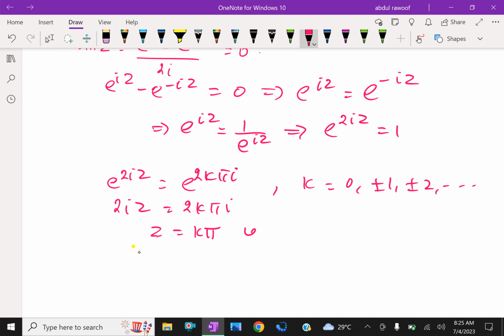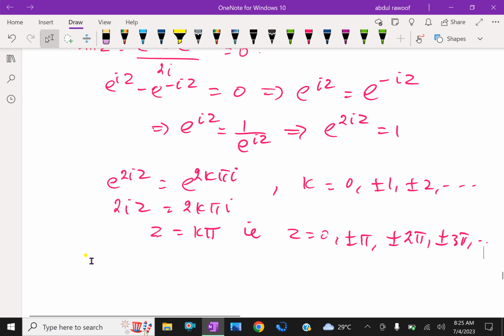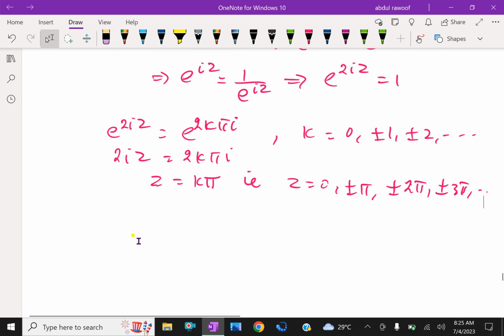That is, z equals 0, plus or minus π, plus or minus 2π, plus or minus 3π, and so on. Therefore, z equals kπ are the zeros of sin z.